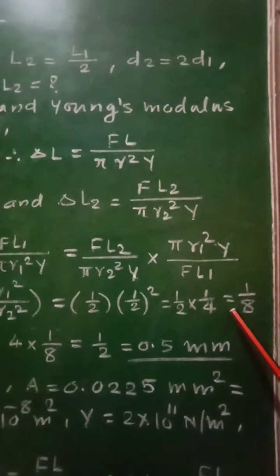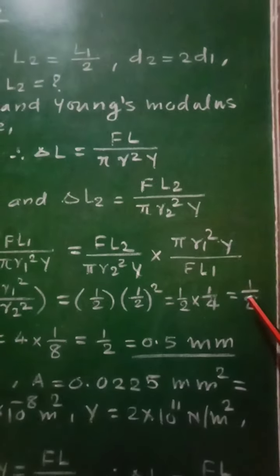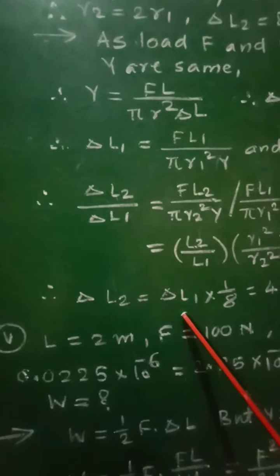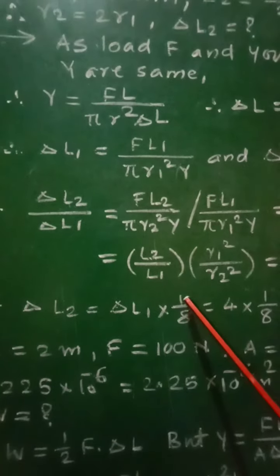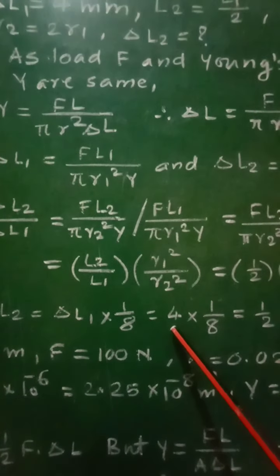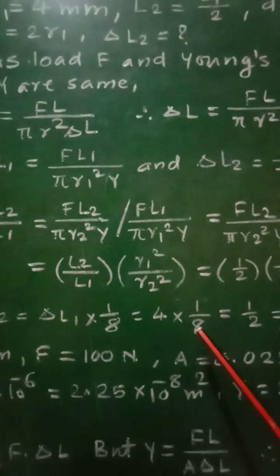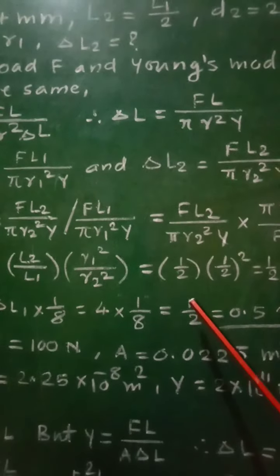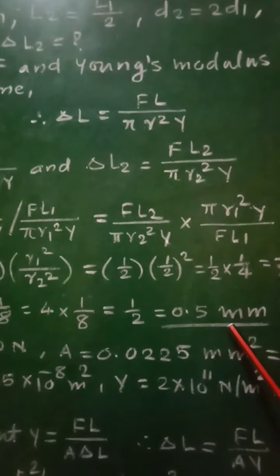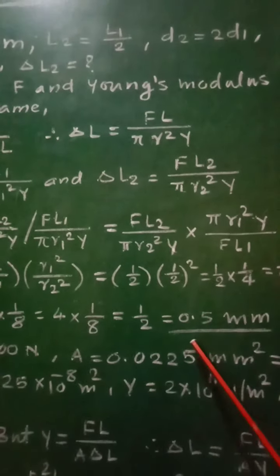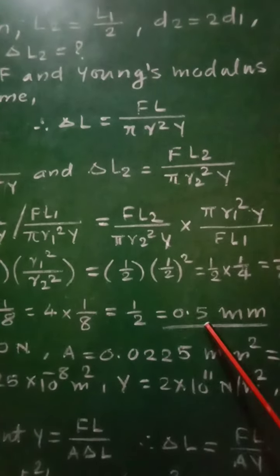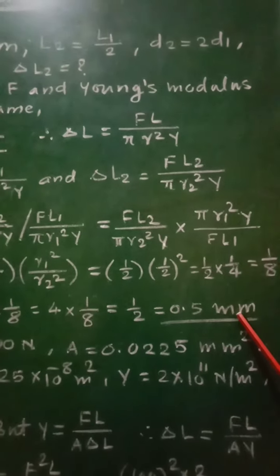So delta L2 upon delta L1 equal to 1 by 8, and therefore delta L2 equal to delta L1 into 1 by 8. But delta L1 is equal to 4 mm, so 4 into 1 by 8 will be equal to 1 by 2, which is 0.5 mm. So the value of delta L2 comes out to be 0.5 mm.